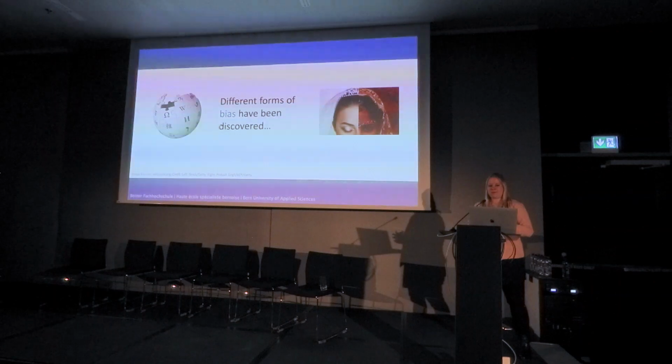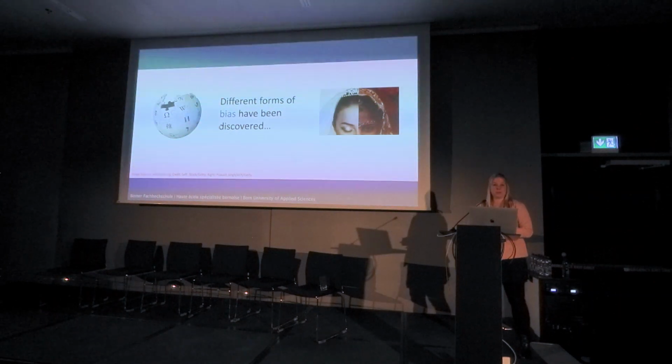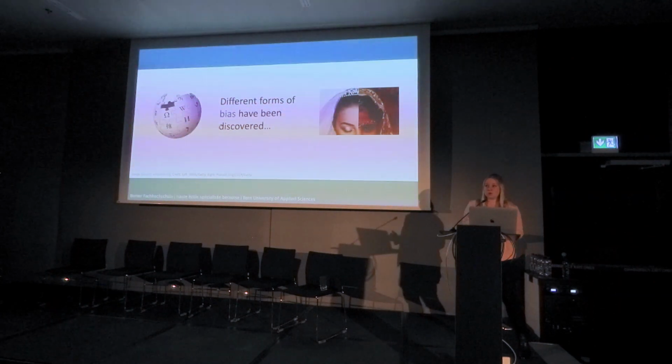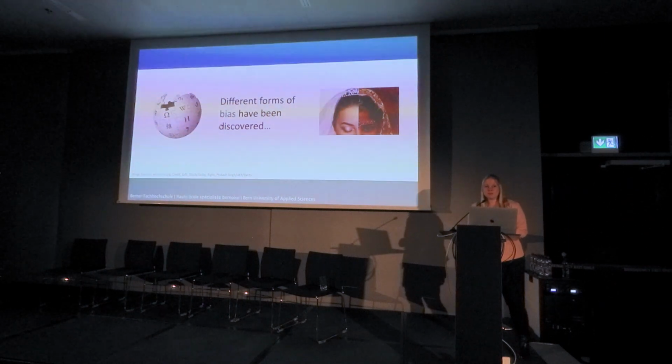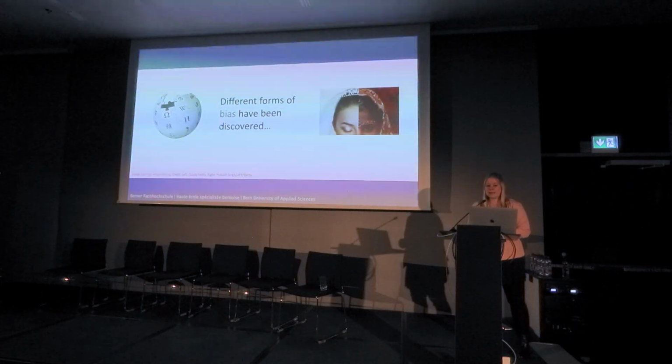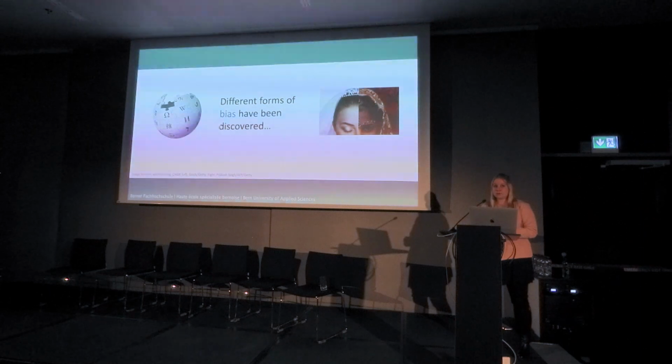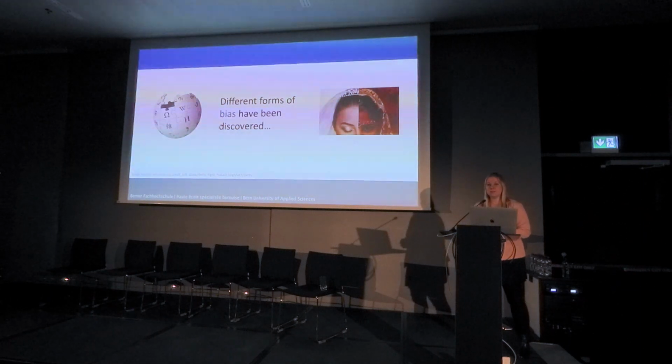There are different forms of bias that have been discovered by the research. We heard before, many people are using Wikipedia as a training set for different kinds of application. So what if I told you that Wikipedia has been proven biased? Different research has shown that there is, for example, a bias towards gender in Wikipedia.